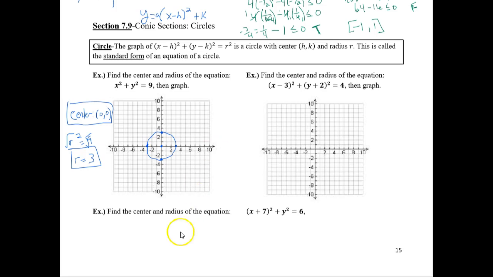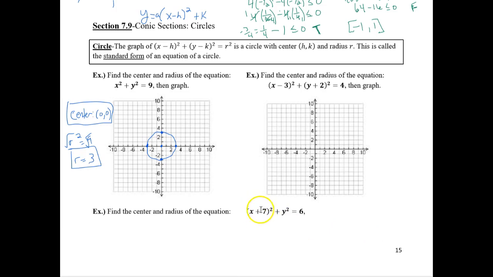What if the center's not at the origin? So let's look at this equation down below. It says find the center and radius of the equation x plus 7 squared plus y squared equals 6. Alright, so this has a shift in here. And just like with the parabola, we're going to take the opposite sign of what's in here because it says x minus h. And this isn't a minus, so we would have to add in a minus to make that plus.